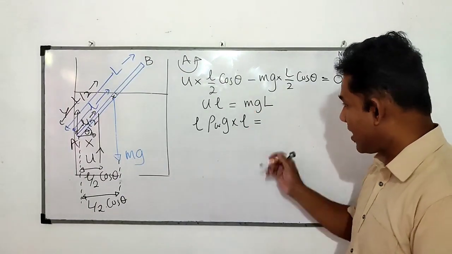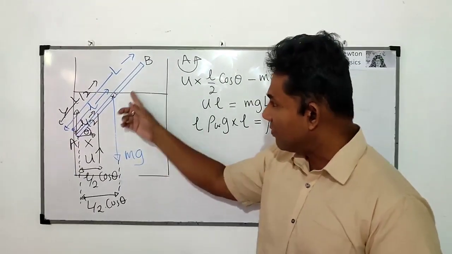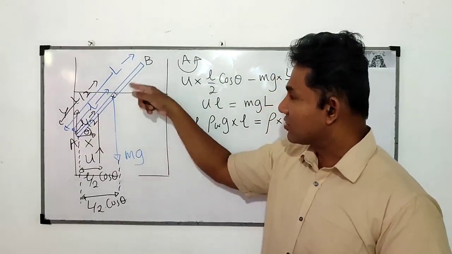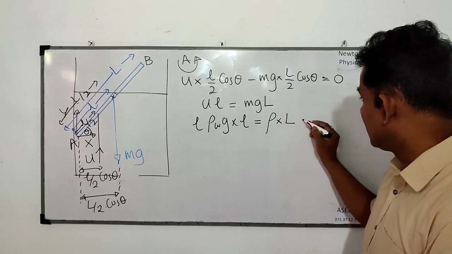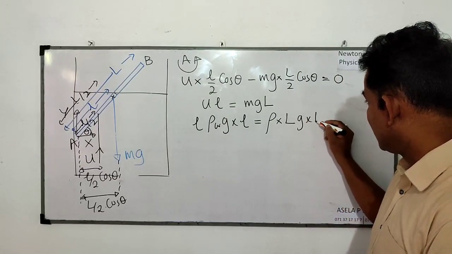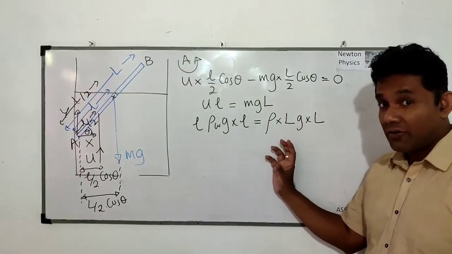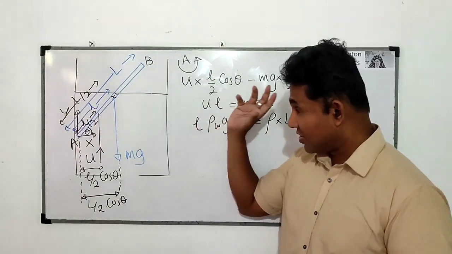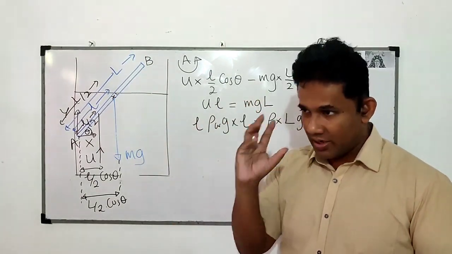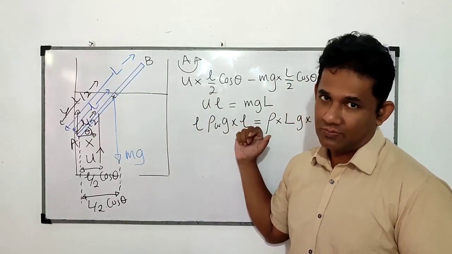Mass is given by density into volume. Since the cross section is uniform, I am applying its total length, capital L, instead of the volume. Here g into L. You have to be careful when you are writing expressions. Don't forget that since the cross section is uniform, I have taken the length instead of the volume.